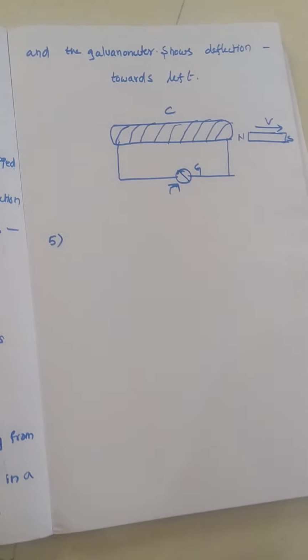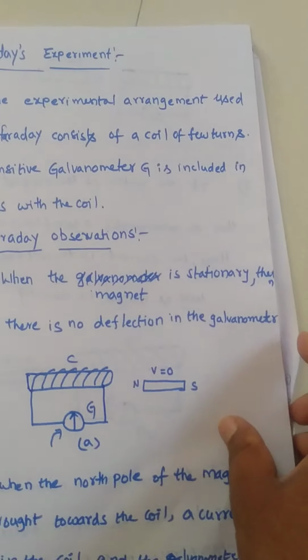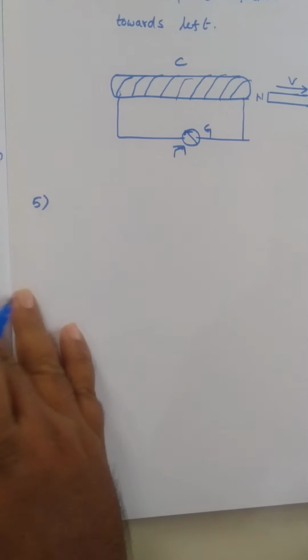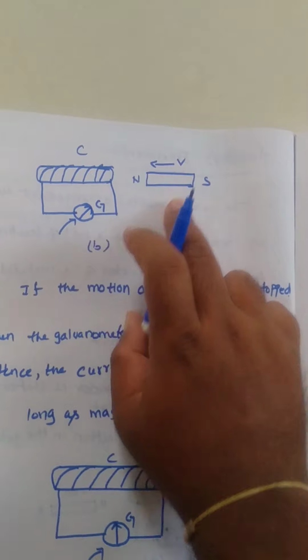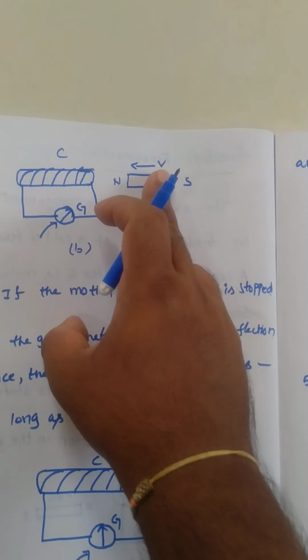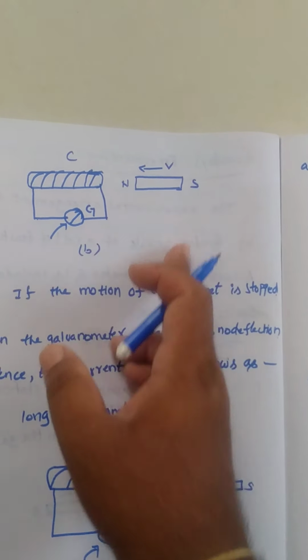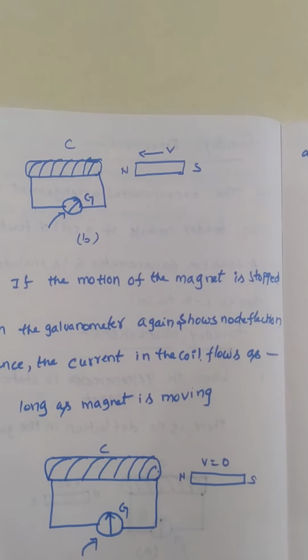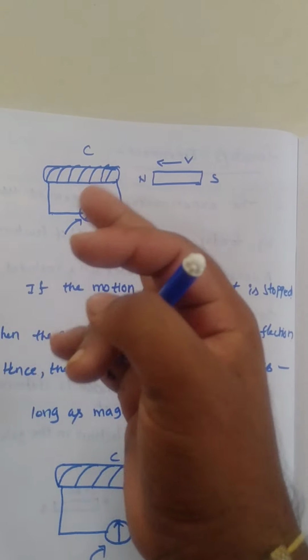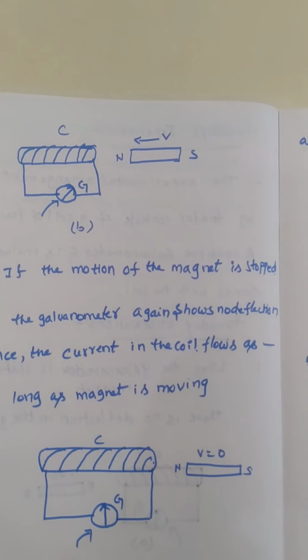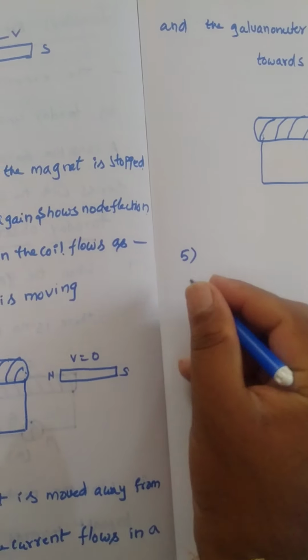See, for example, in this case, which is the B case? Here it is moving with a velocity of 20 meters per second. Instead of that, the magnet moves with 40 meters per second. So what happens? The deflection of the galvanometer also increases. That is what I want to discuss with you.